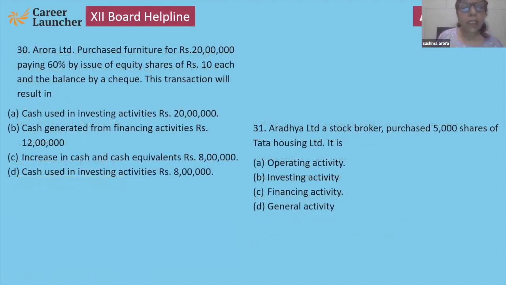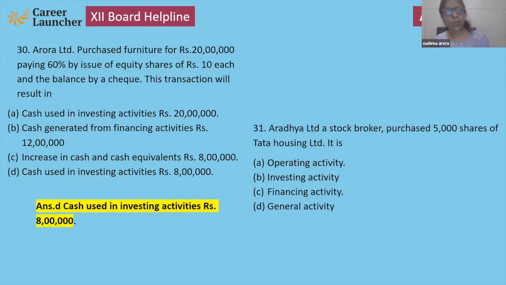20 lakh, paying 60% by shares, balance by cheque. It means 8 lakh rupees is used in investing activity, because that is furniture, which is a fixed asset. Now, please let me know question number 31. Question number 31. Aradhya Limited, a stockbroker, purchased 5,000 shares of Tata Housing Limited. Stockbroker purchases shares, but that is for investing.